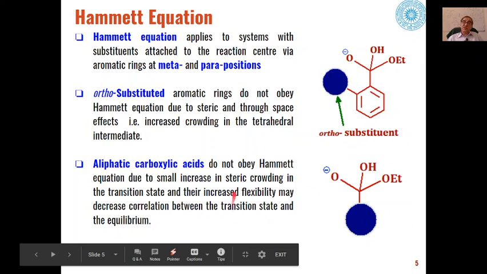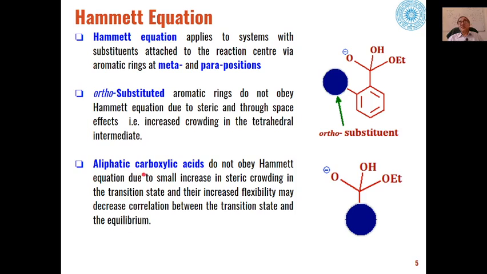So because of these reasons the Hammett equation does not hold good for aliphatic carboxylic acids. The Hammett equation is only applicable to aromatic rings which are attached to reaction centers with substituents at meta and para positions.